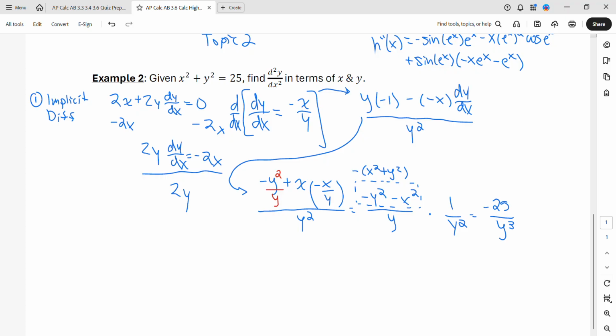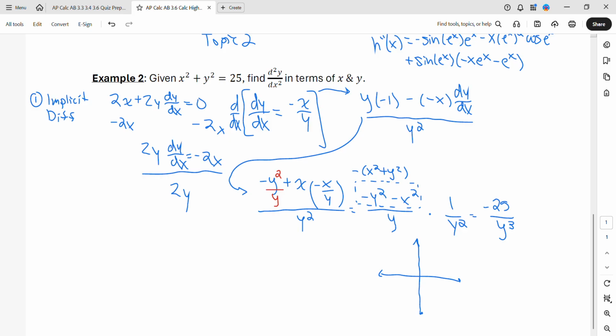The other thing that is cool is, I told you yesterday that the second derivative deals with concavity, right? It's the change of the rate of change.